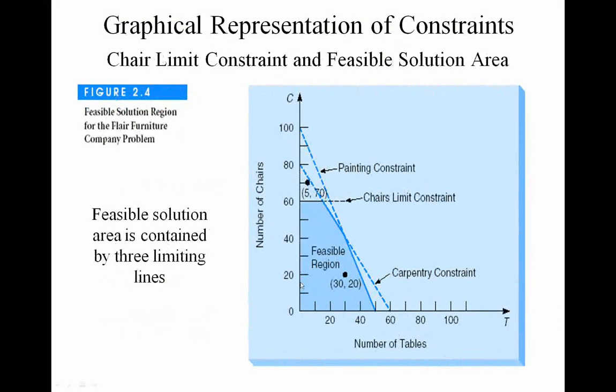Okay. Now look at the other one, which is C. That is, the number of chairs cannot be more than 60. So 60 or less. So the feasible region now for all 3 constraints is this truncated kind of a quadrilateral that you see here. Okay. Not exactly a quadrilateral. 1, 2, 3, 4, 5. A pentagon. Okay.